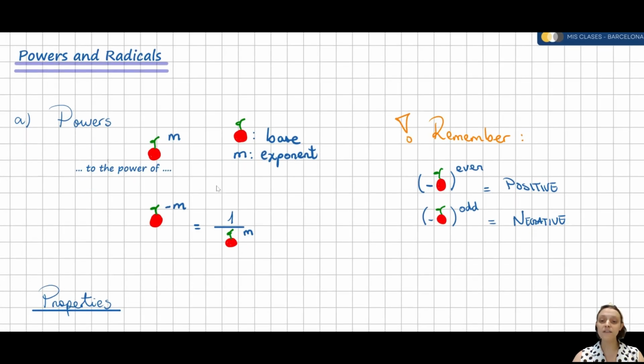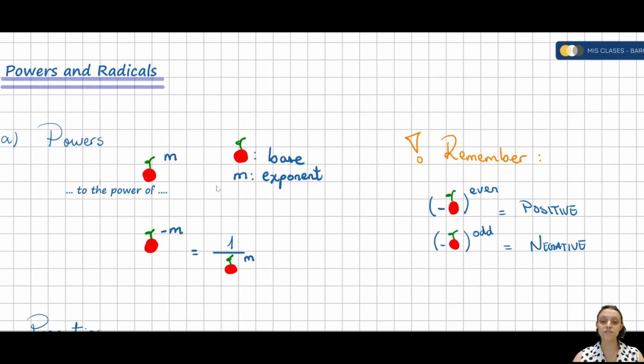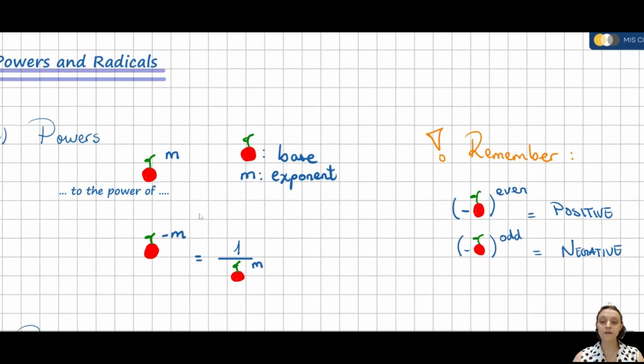Then we have this second expression right here, where we have apple to the power of negative m. Guys, a lot of attention here, please. When we have a negative exponent, the only objective of the negative symbol next to the exponent is to change the base from position.